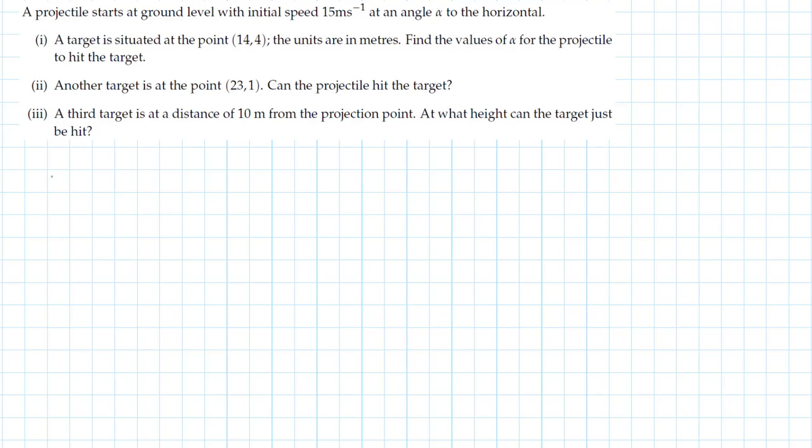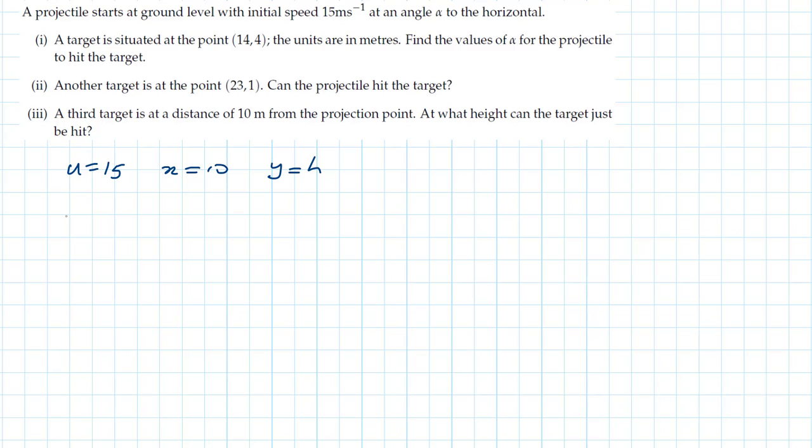So for part three of the question, we need to apply the same logic again. So we know this time, again, we've got our u as before, u is still 15, and we know that x equals 10, but this time we don't know what the y value is going to be. So let's say the y is h for the height of the target.